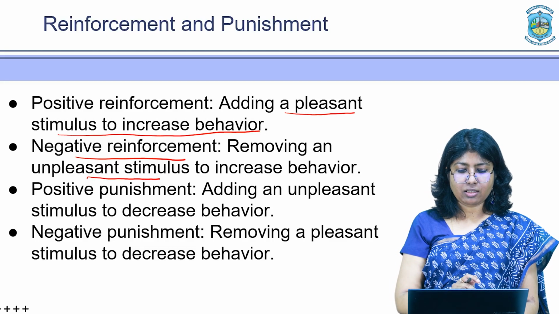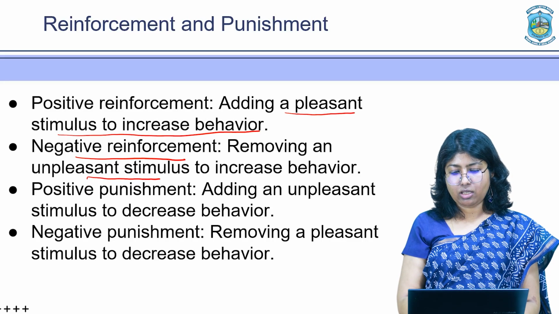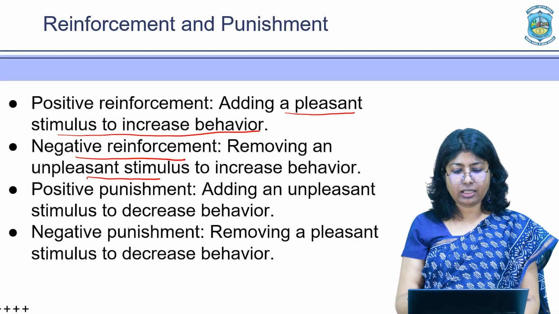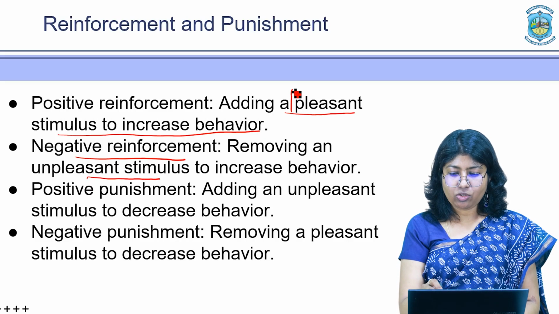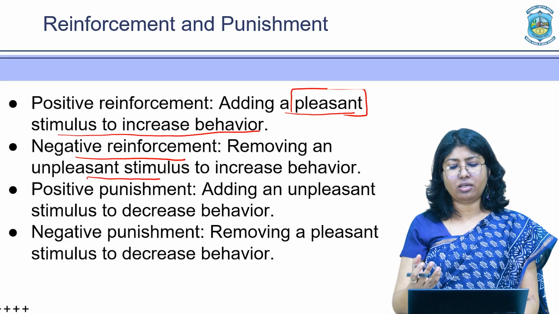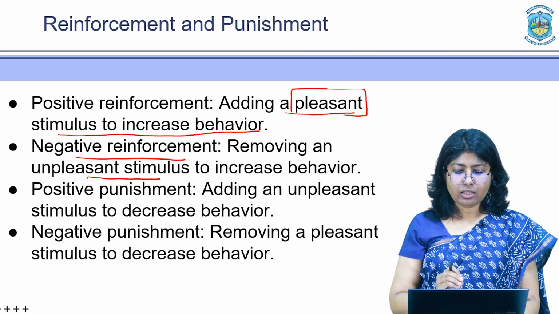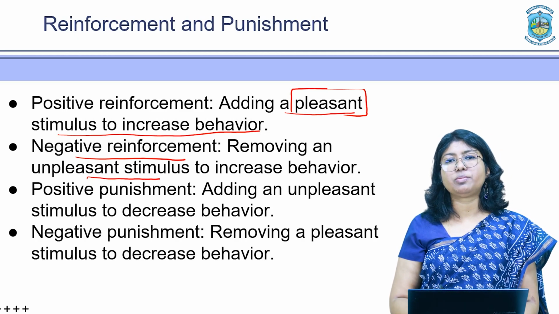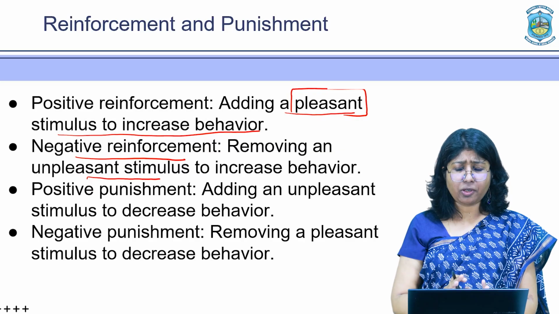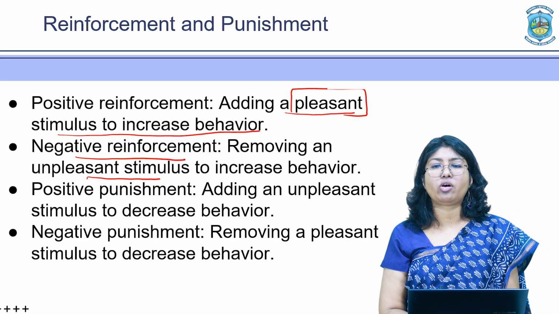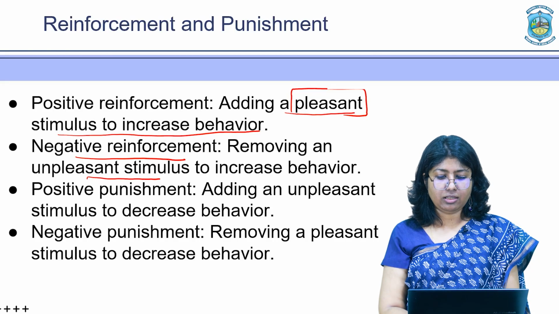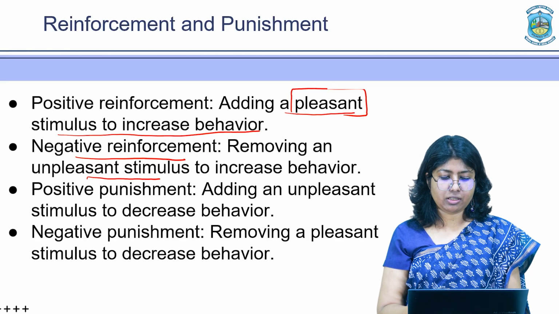So understand that reinforcers will always result in a pleasant experience. So whether you are adding something or you are removing something, the end result is always going to be pleasant. So with positive reinforcers, you're giving something to the person whose behavior you want to modify, and that behavior is expected to be repeated.